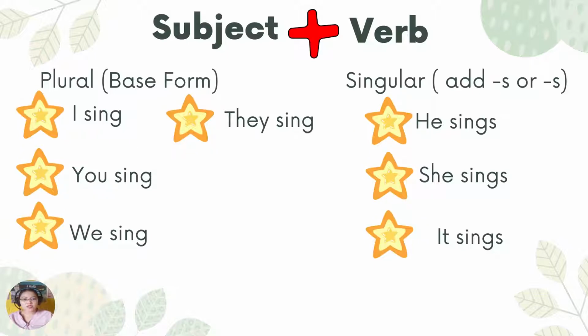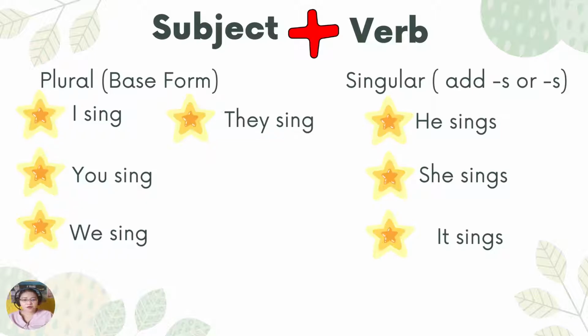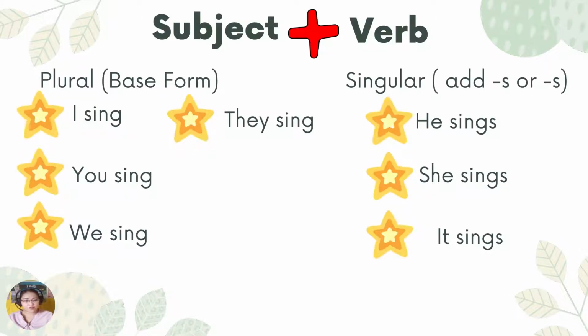When you use a plural subject, let's say I sing, you sing, we sing, or they sing. When you use a singular subject, we add s or es to the base form of the verb. So we have here, he sings, she sings, it sings.